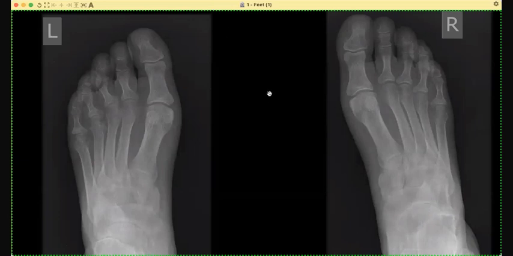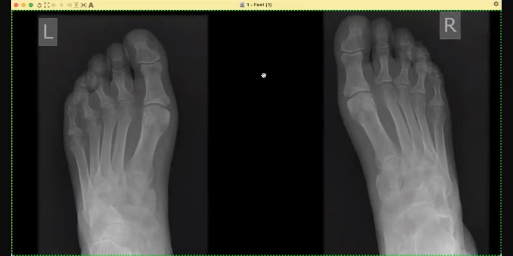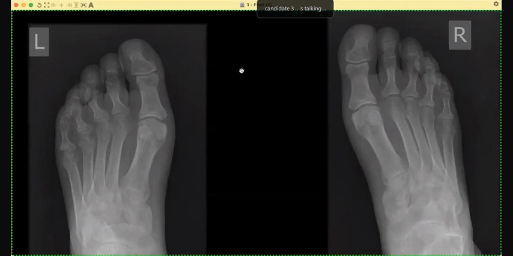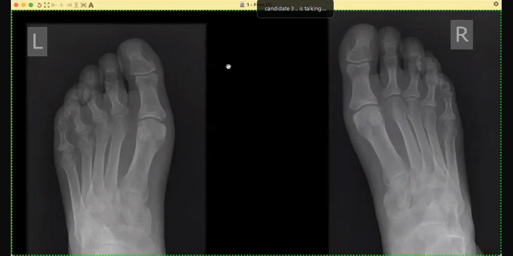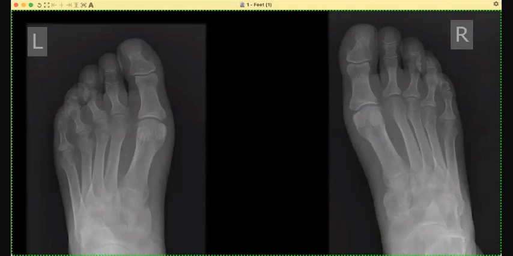Madam, this is a 56-year-old female, chronic pain, both feet. Over to you. Okay, I'm presented with X-ray of both feet of an adult female presented with chronic foot pain. One second, please.